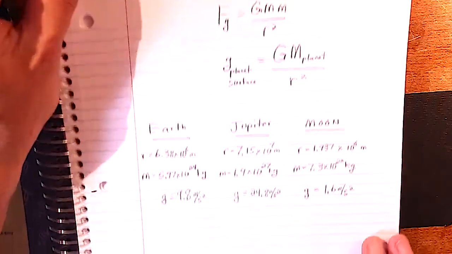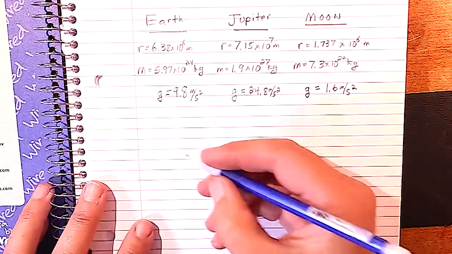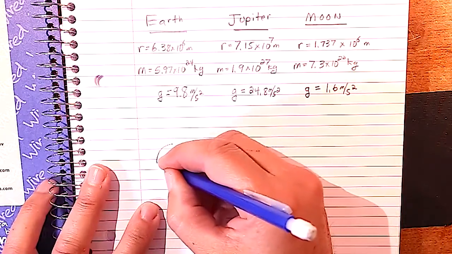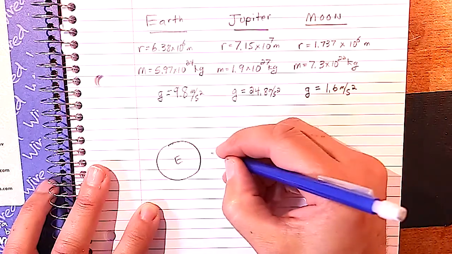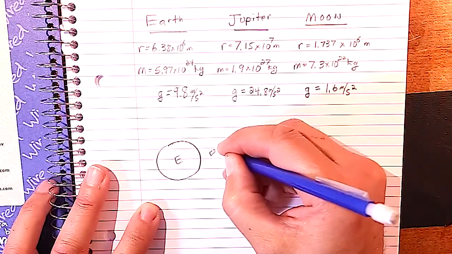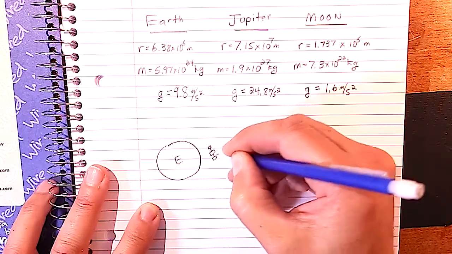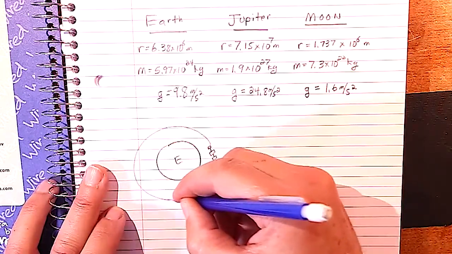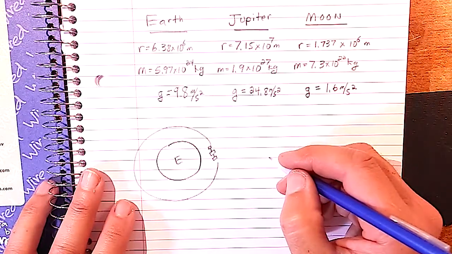Okay, so what about this question? This comes up every once in a while. Let's say you have the Earth and you have the International Space Station. When we think of the International Space Station, we think of this thing that's up there in space orbiting around the Earth, and we think of it as being very, very high up.